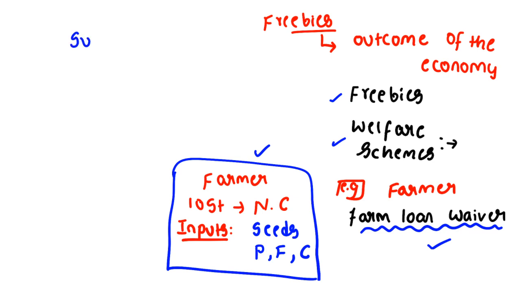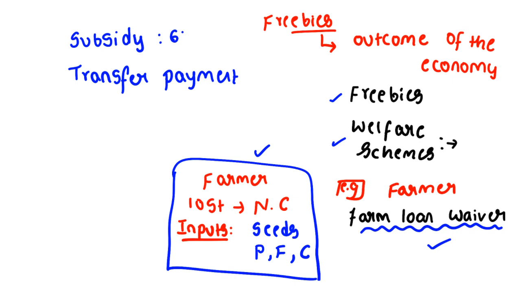First of all, regarding the subsidy, he wants us to know the difference between a subsidy and a transfer payment. What is a subsidy? If you have to pay 600 rupees for a cylinder, the government will ask you to pay 400 rupees only. The 200 rupees would be paid by the central government.